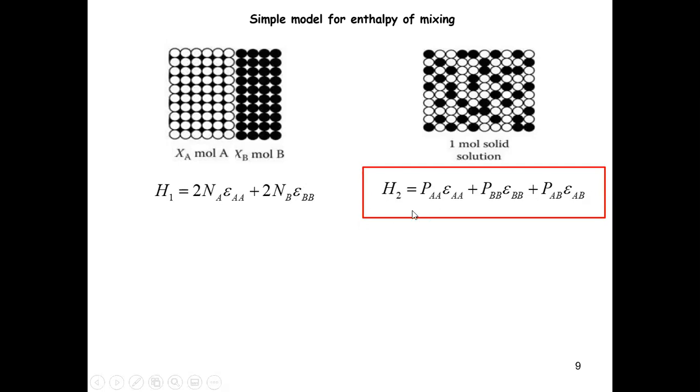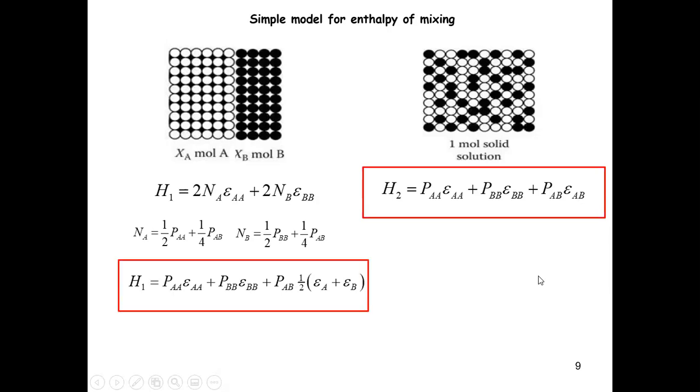And here for the same expression, we have this, but then we reduce the expression by considering this Na equals this, Nb equals this. So we use the relation between Na, Nb and PAA, PBB, etc., and reduce this expression to write down the enthalpy for the demixing state using PAA, PBB, and PAB. Again, this is by simply plugging in the expressions we have for Na and Nb, and we get this.